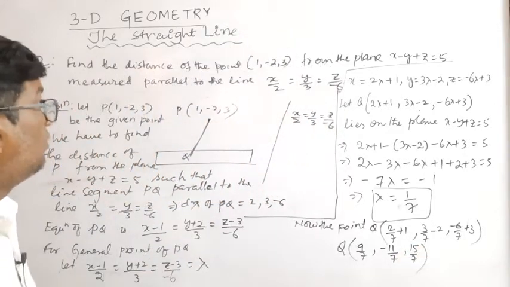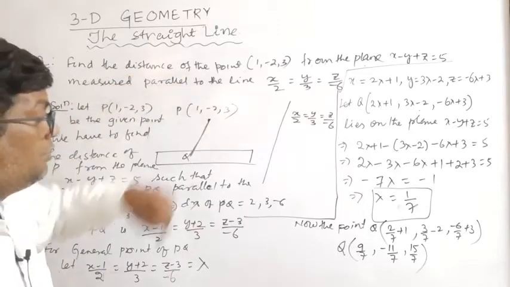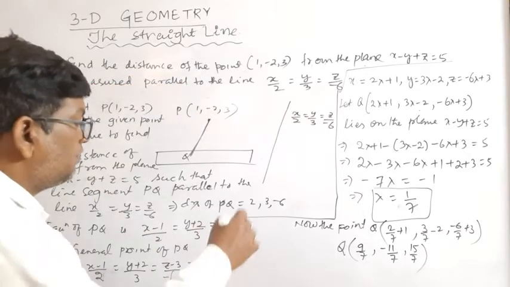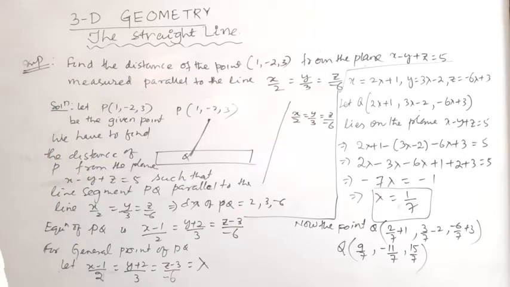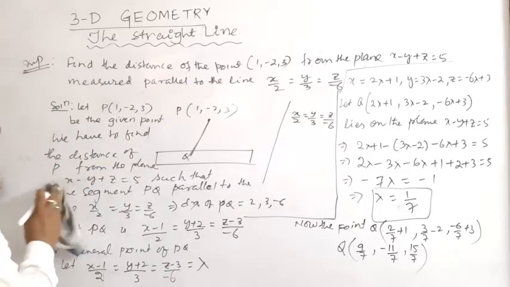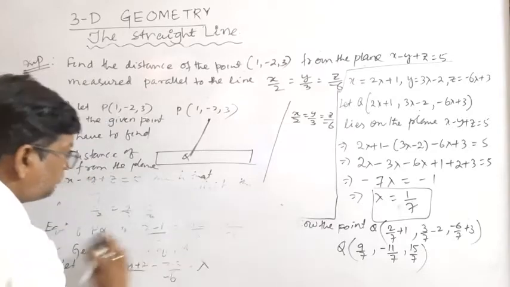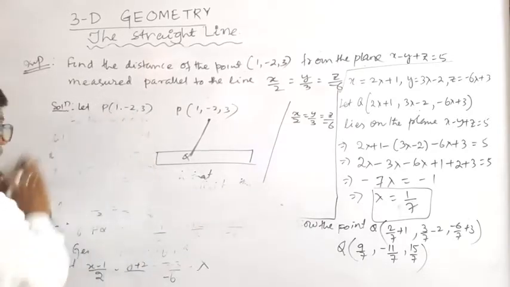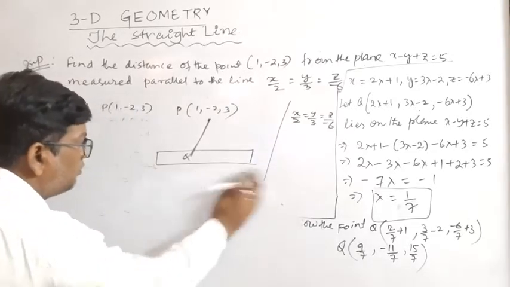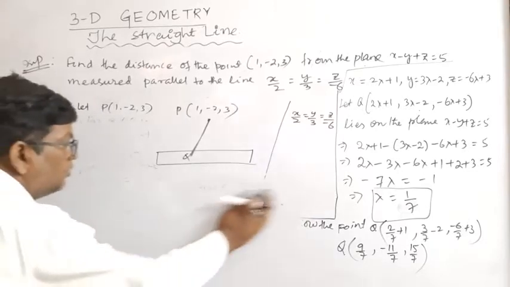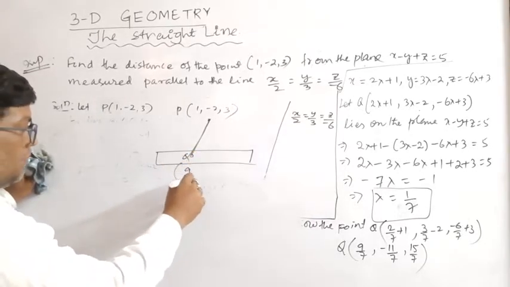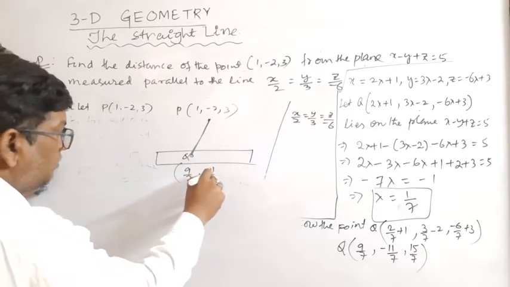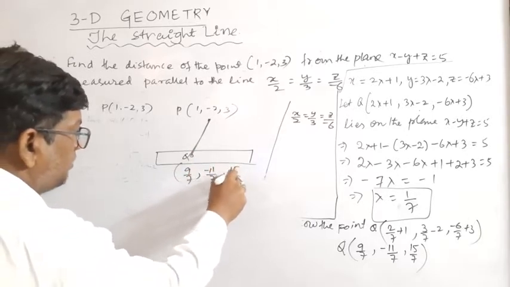Now we have to find the distance PQ. The Q point is 9 by 7, minus 11 by 7, 15 by 7.